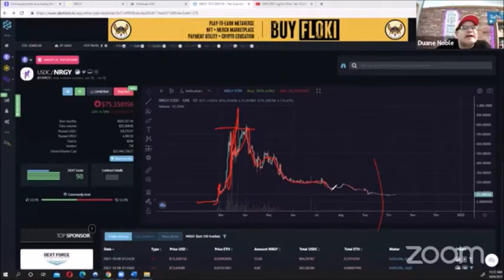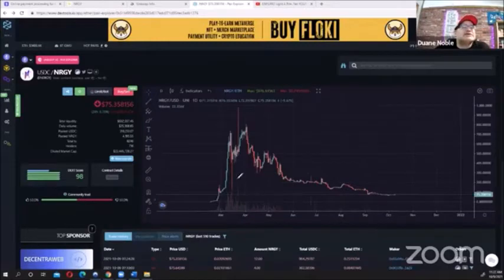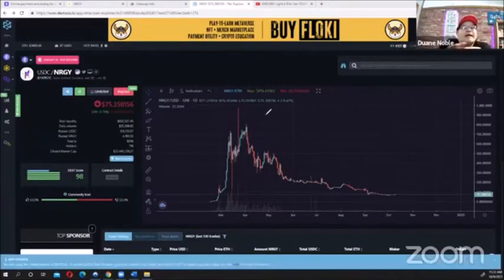I want you guys to understand, this is very, very normal in the market. You always have this initial surge of excitement when something comes out, and then you have that big pullback. After that big pullback, either it's a project that's no good and it goes to zero, or it's something that really impacts and changes the world.